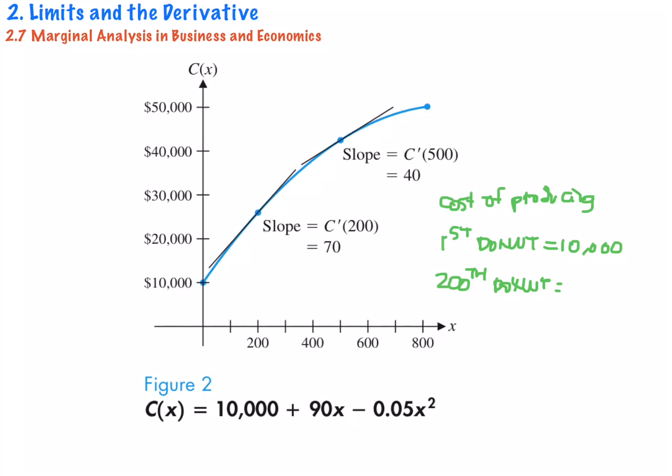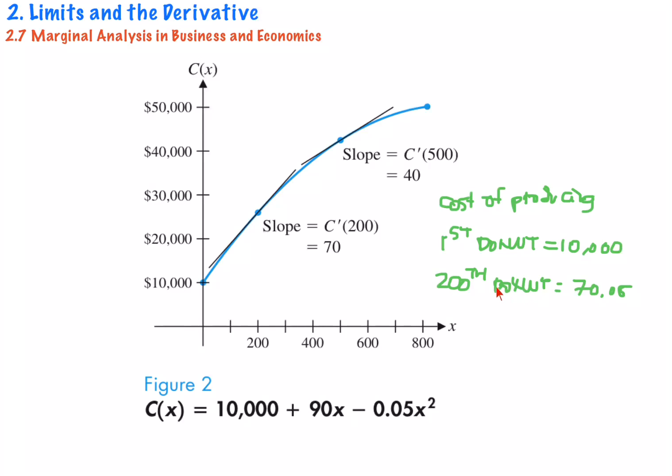For the 200th donut, you'll get about 70.05. Whoa, that's a big difference. Yes, of course. I'm not saying the cost to produce 200 donuts, I'm saying the exact cost to produce the 200th donut.